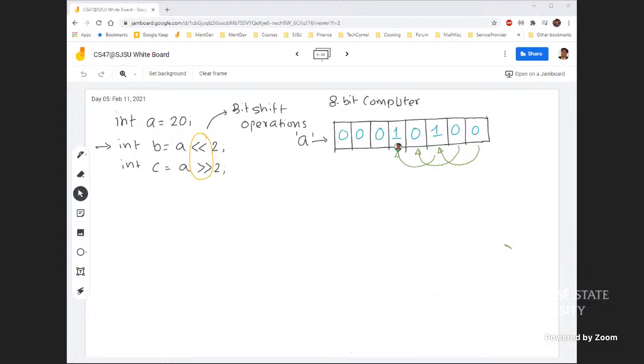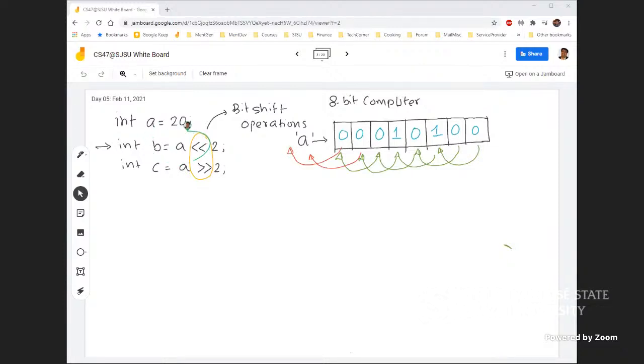Now what will happen to this leftmost bit? It will just be thrown away. It goes out of scope for this assignment.